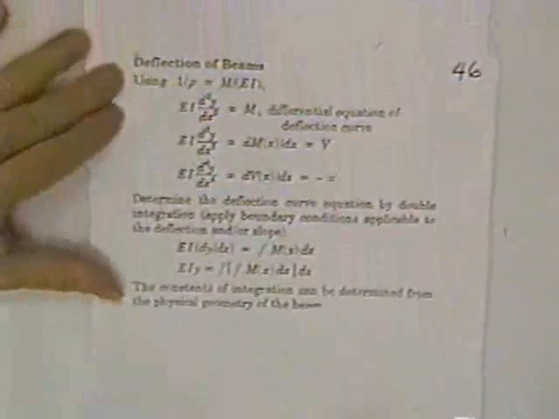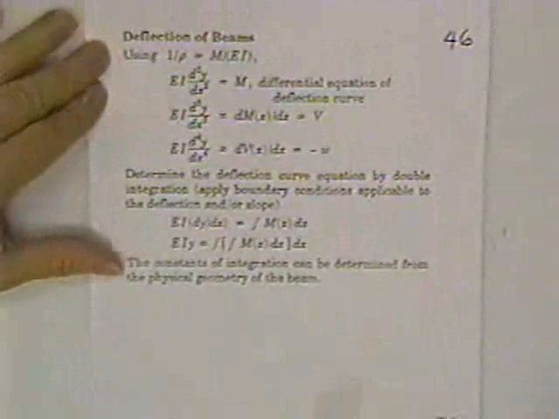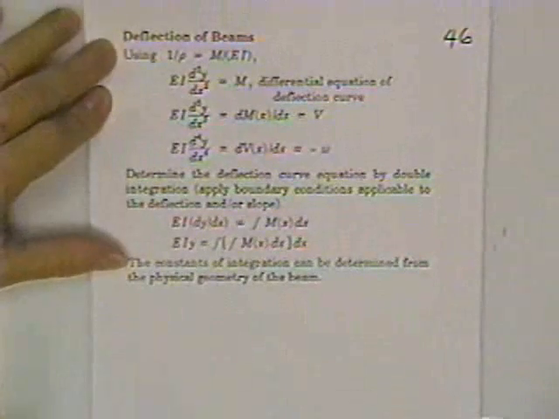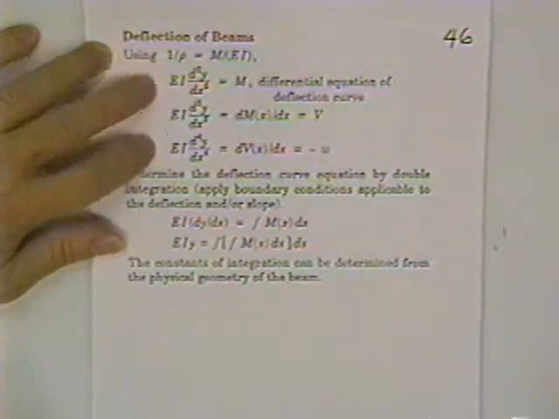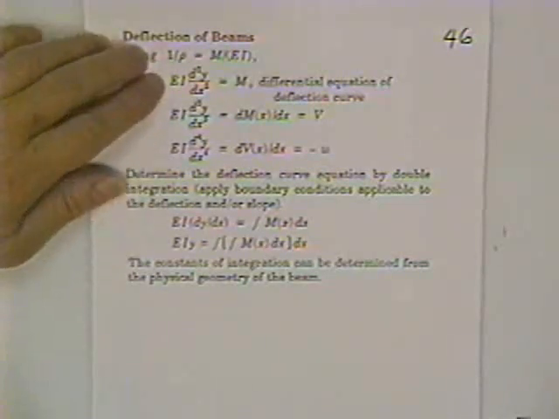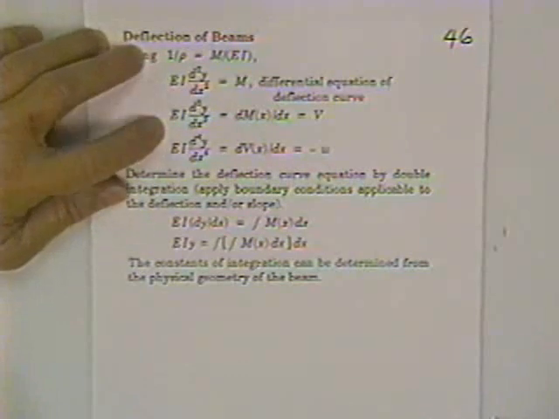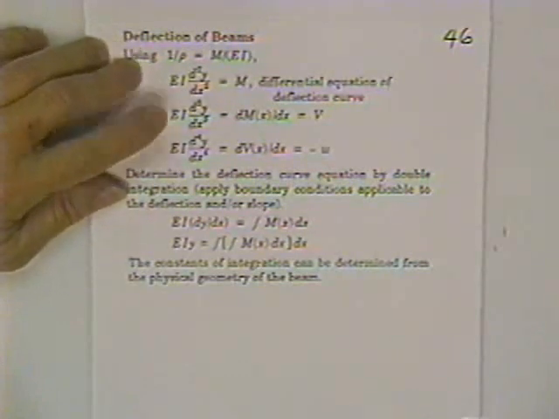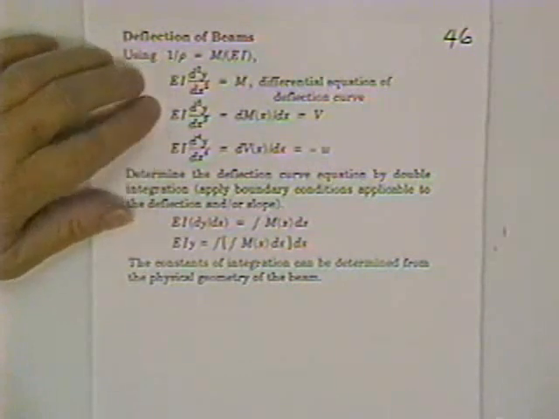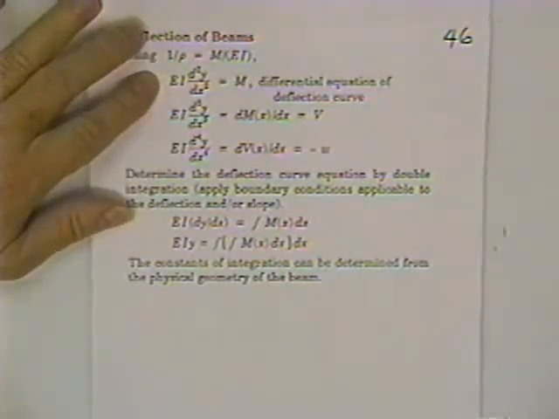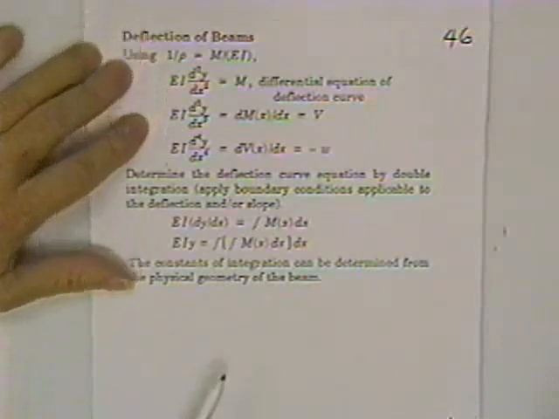Now the reference manual gives you equations for deflections of beams. This is going the other way: you could take the differential of your moment equation and get the shear equation, and take the differential of your shear equation and get the load equation. We've been working from load to shear to moment. That's normally the way you go.